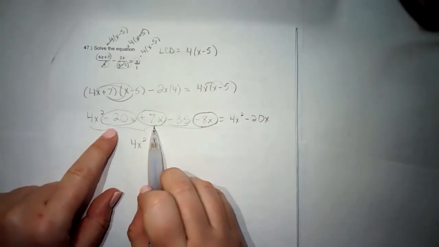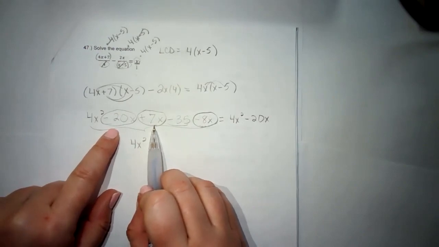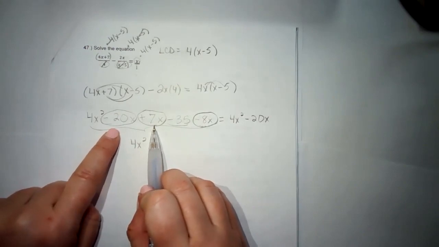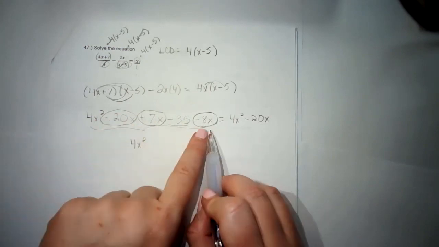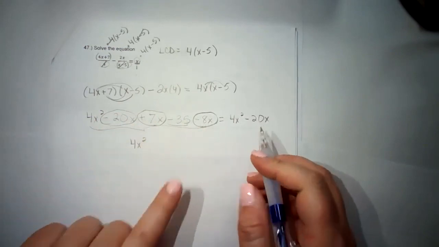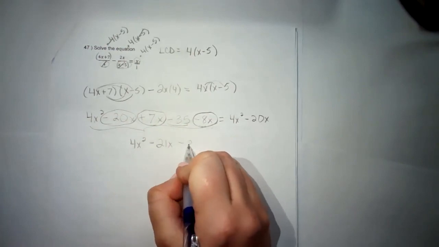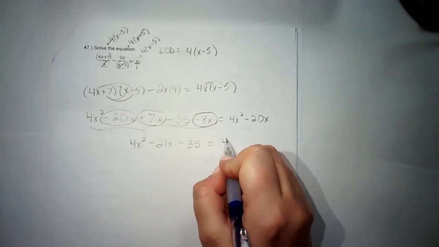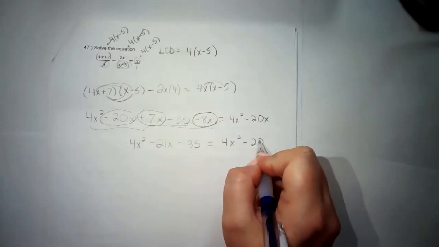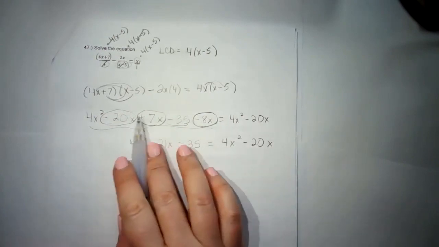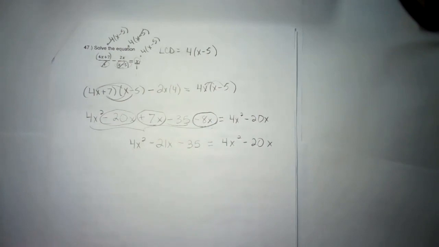So I have negative 20x plus 7x. That's going to be negative 13x. Minus 8x is going to be negative 21x. And then I still have minus 35. Everybody see that, how I combined those 3?